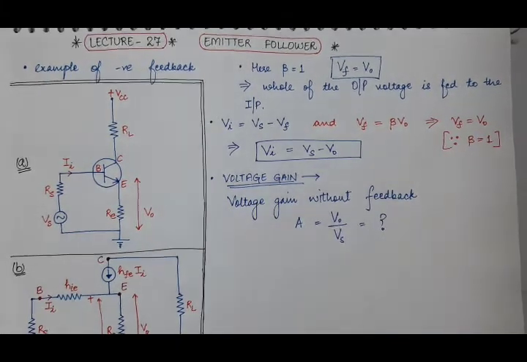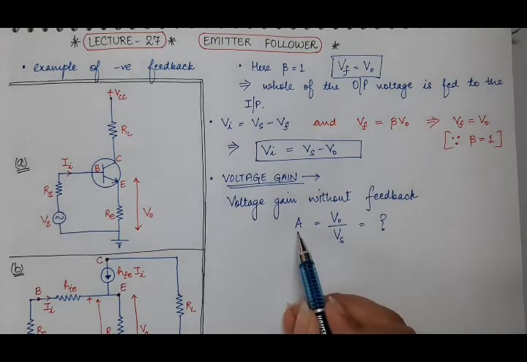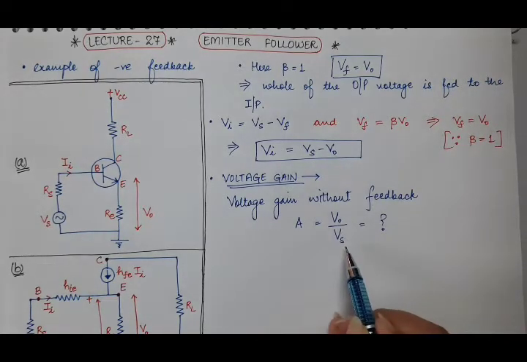First of all we have to find the value of the voltage gain without feedback. Then we know the relation between voltage gain with feedback and voltage gain without feedback, and by using that relation we will be able to find the voltage gain with feedback. So to find this, we have to find the values of V0 and Vs.